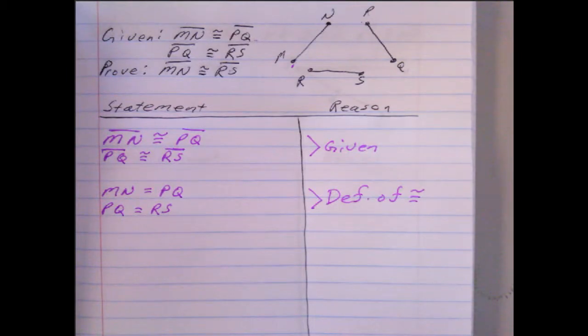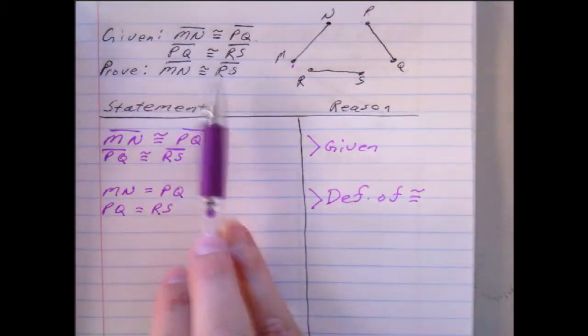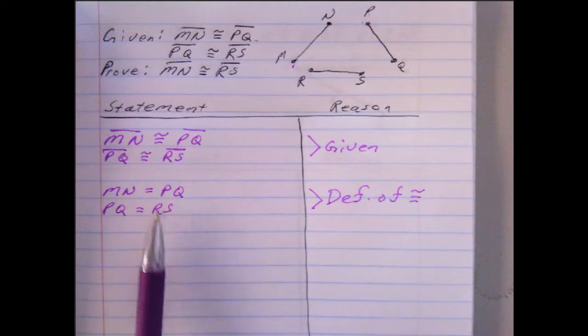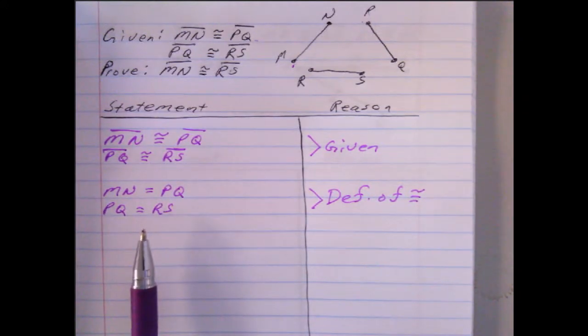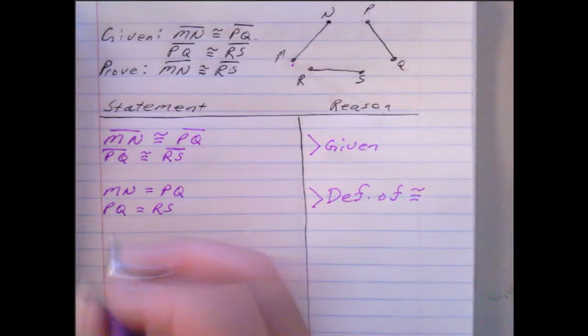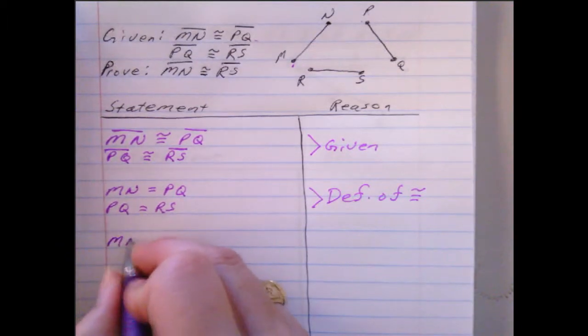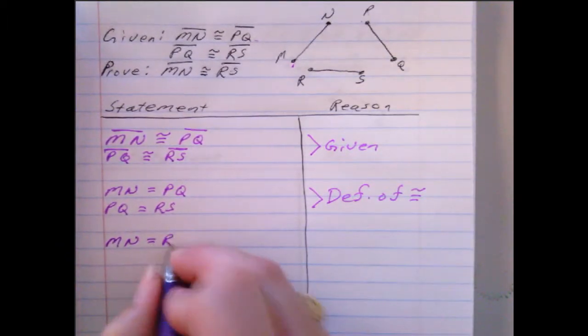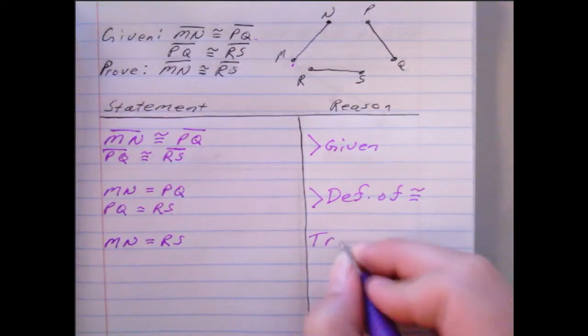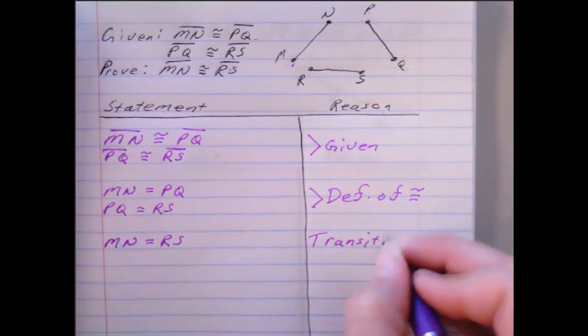So now the next piece here, we're still trying to get MN and RS together. MN is here, RS is down here. So then the next piece that we have, this is transitive. So we can say that MN equals RS because of transitive property.